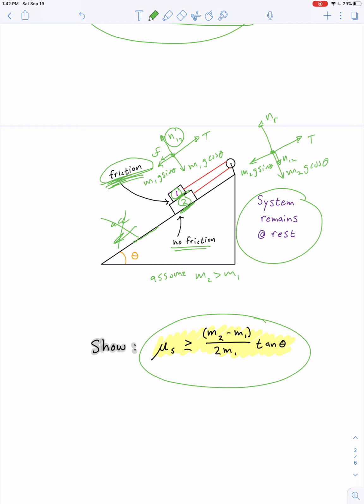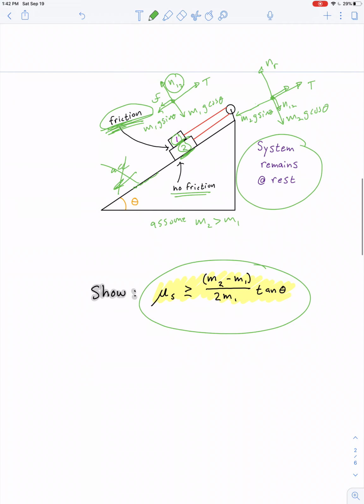And then there's friction, right? So which way does the frictional force point? Yeah, it points back up the incline this way. Well, I suppose I should draw the component of gravity down the incline longer so that this whole diagram seems to represent equilibrium. So if the whole system remains at rest, then this tension has to cancel out the combined forces in the other direction.